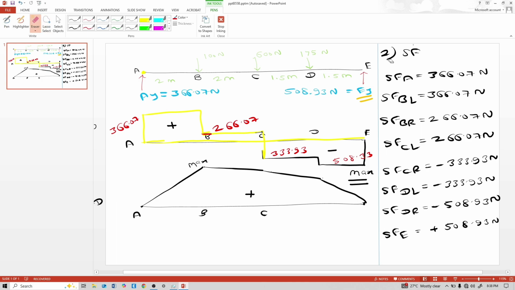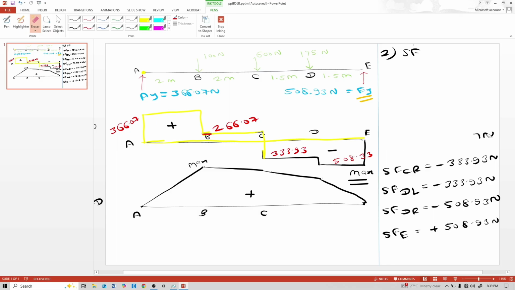Now our next step is to calculate the bending moment diagram values. We will see whether my assumed bending moment diagram shape is right or wrong.